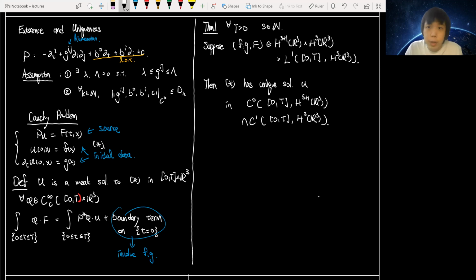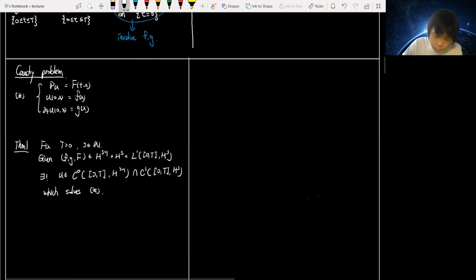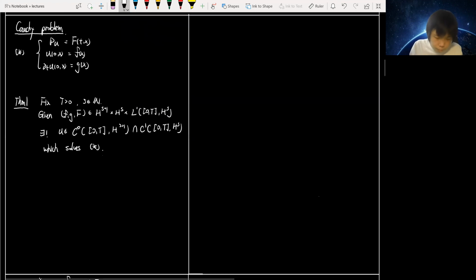Okay, so this is the existence and the uniqueness theorem. Then let's give it a proof. On the left is what I wrote on the previous page, the Cauchy initial value problem, and Theorem number 1.